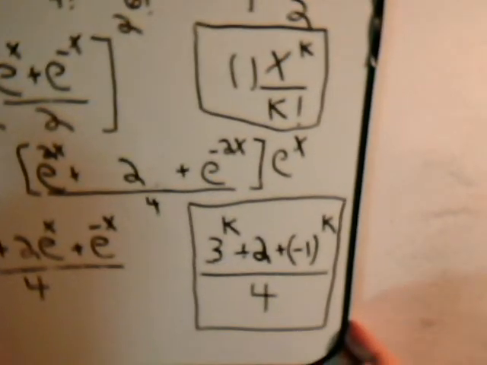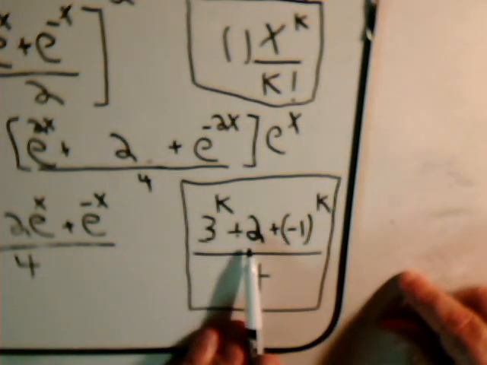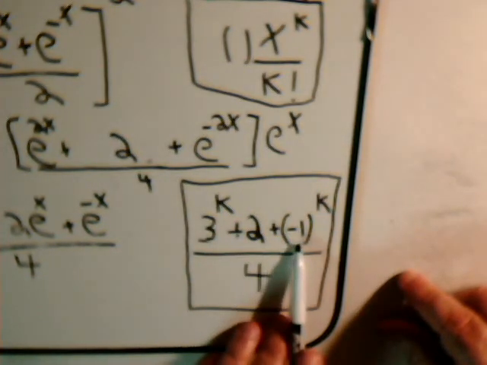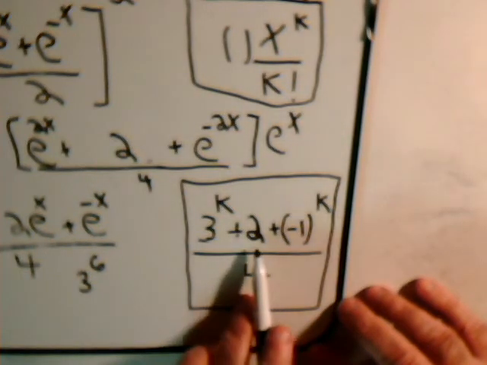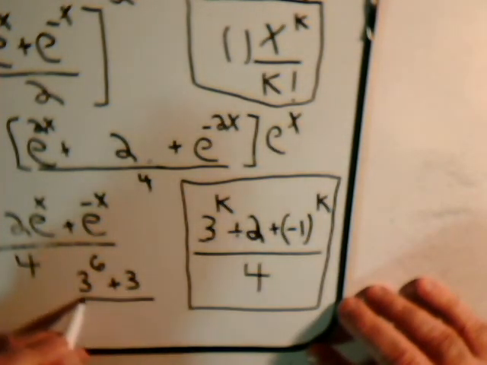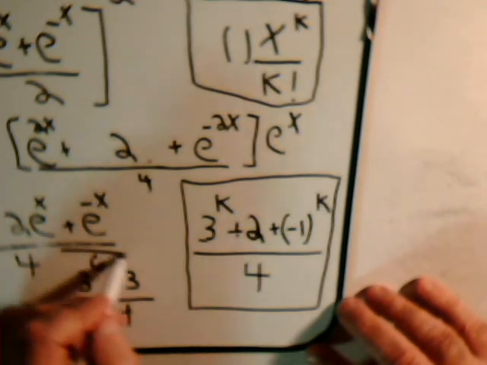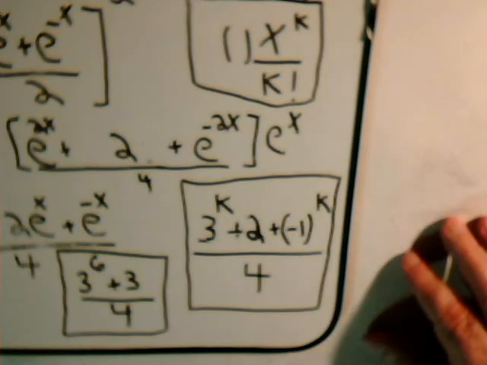The answer would be 3 to the 6th plus 2. Negative 1 to the 6th is a positive number, so it would be 3 to the 6th plus 2 plus 1 plus 3 divided by 4.